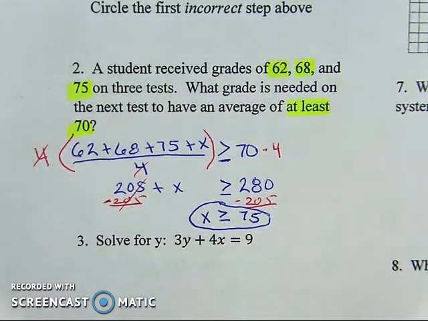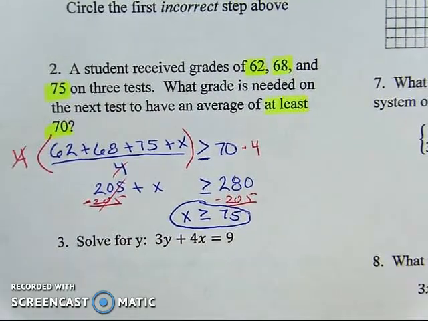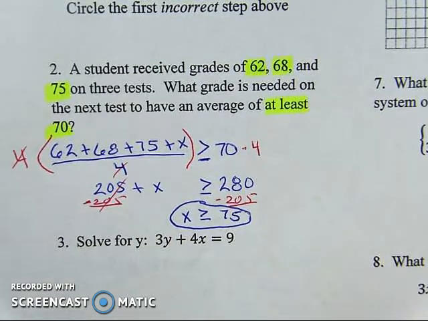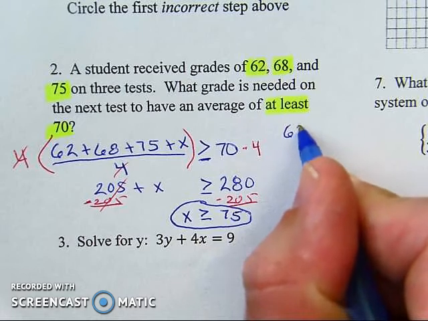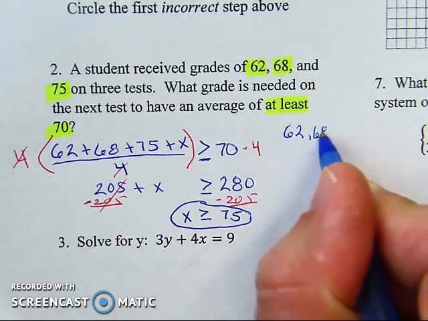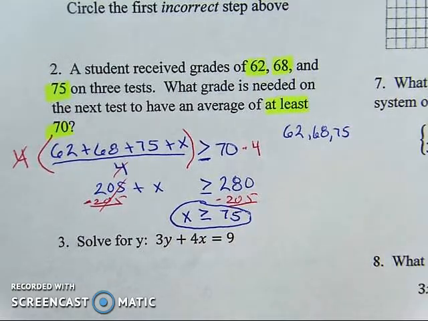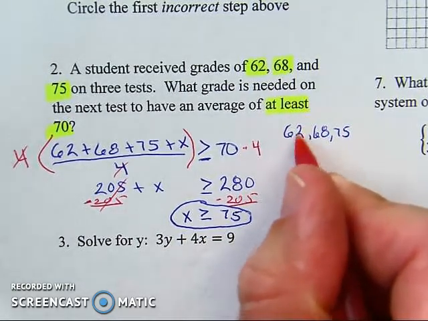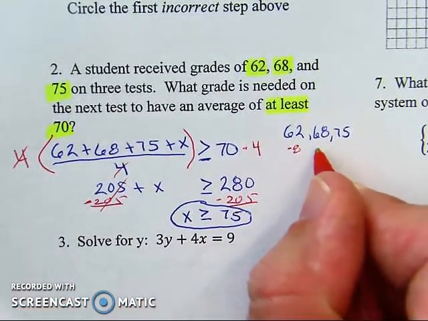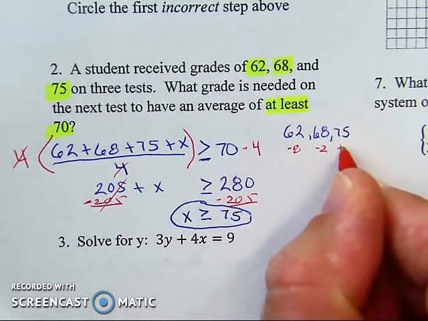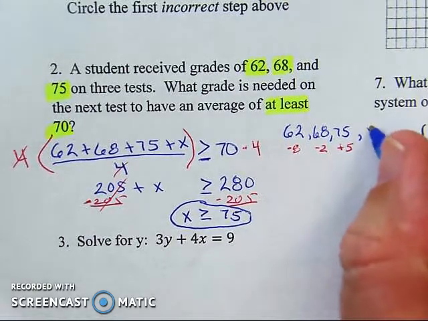Now, I've had other students say that they've done this slightly differently, and that's fine if you want to do it a different way. I've had some students even do something cool, like they said, we had a 62, a 68, and a 75 so far, and our goal is 70, so this is 8 less than our goal, this is 2 less than our goal, this is 5 more than our goal, and we have to have one more thing here.